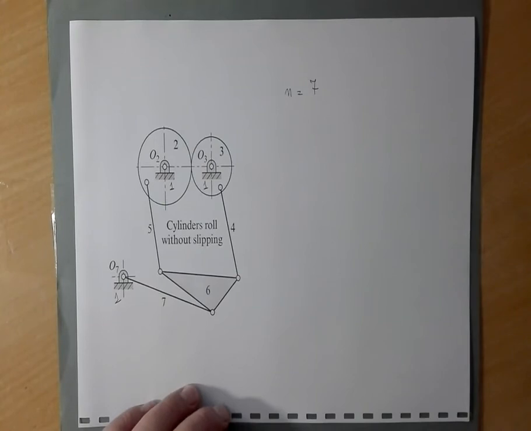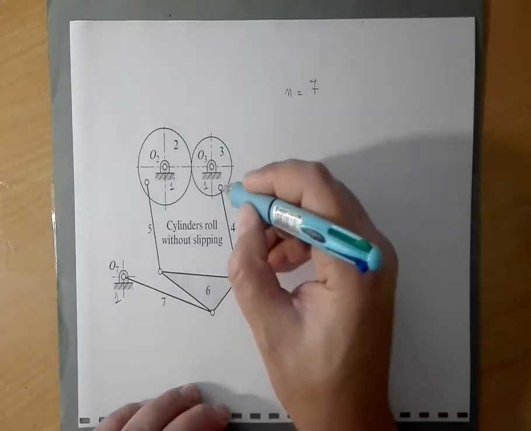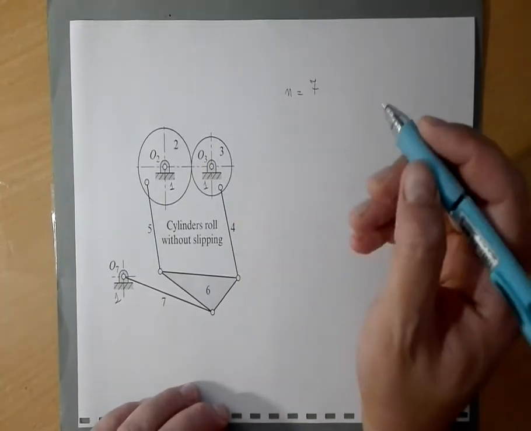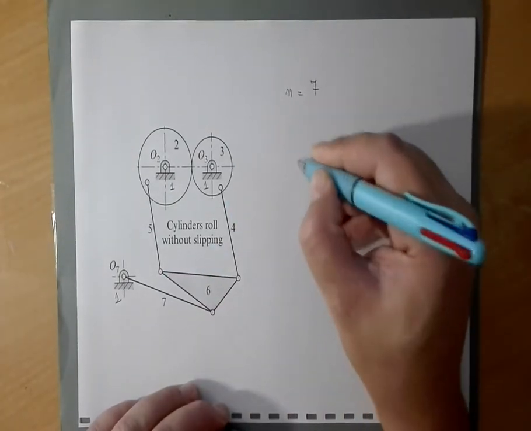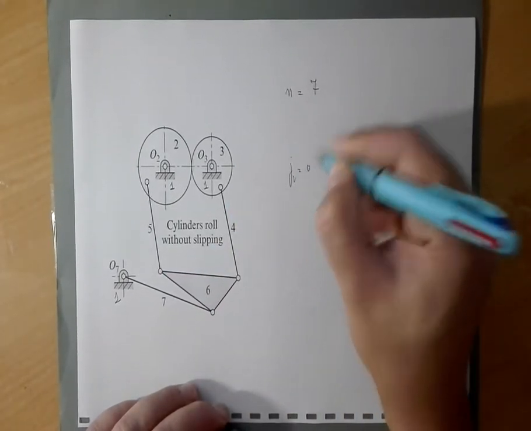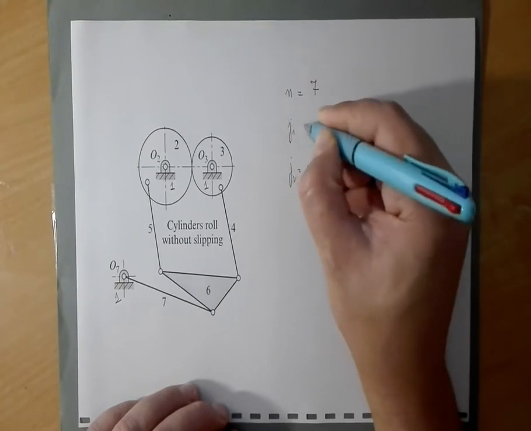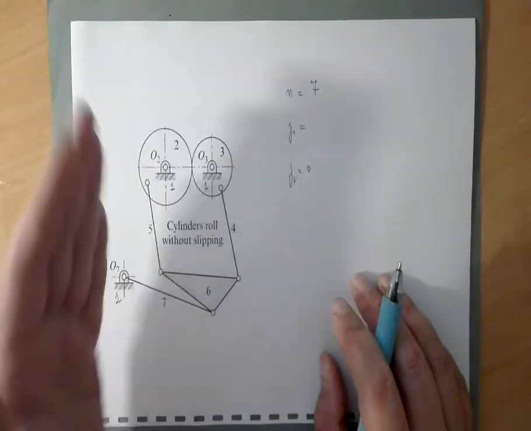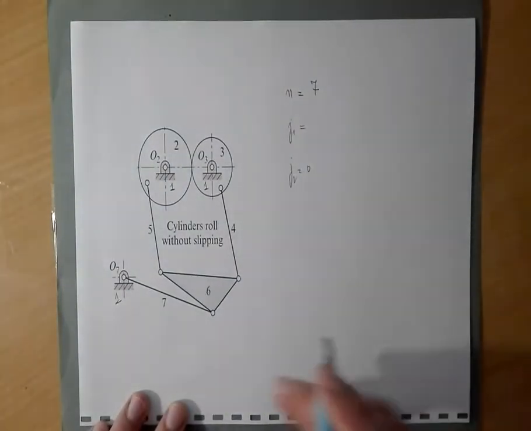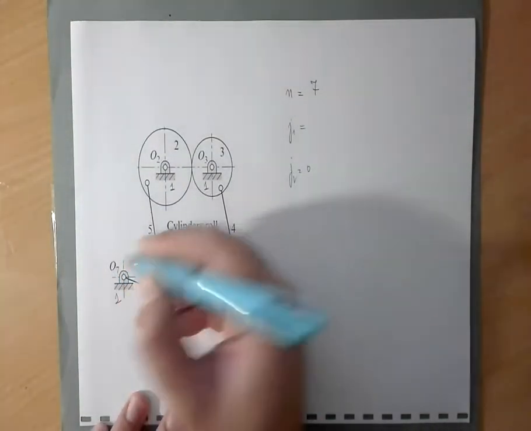So we have only 1 degree of freedom joints, which are pin joints, so j2 is 0. We only have j1, which, let's start from the upper most left.